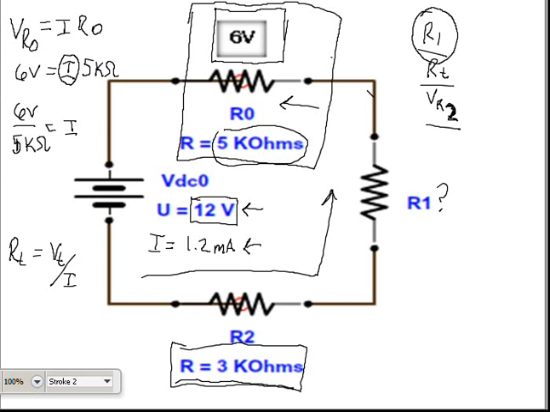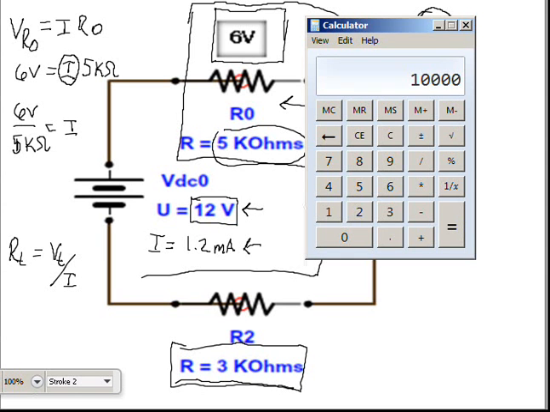So 12 volts divided by 1.2 milliamps, or 0.0012, equals 10k ohms.